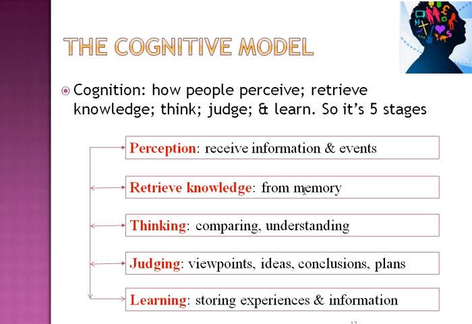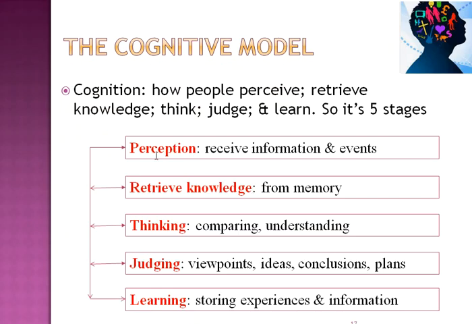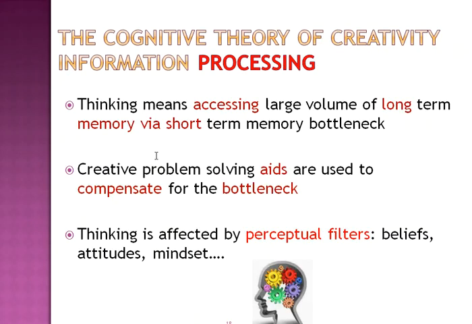And the problem comes here, creativity comes here: there are bottlenecks, lots of memory, jams. Probably you get stuck, not able to find something related to what you have received in phase 1. And also there are filters, perceptual filters, cultural filters, emotional filters, and so on, that affect this stage.